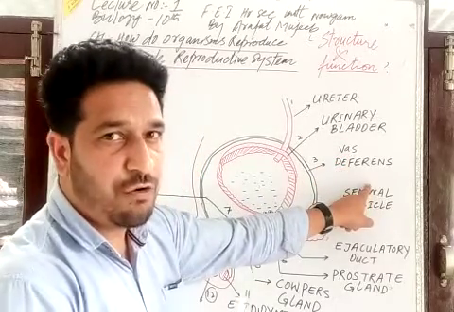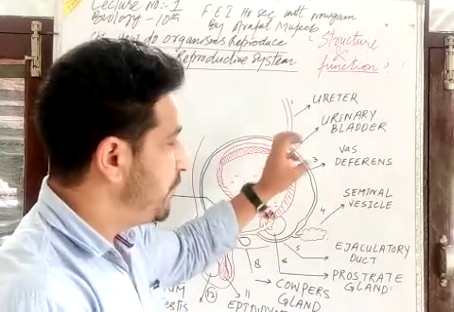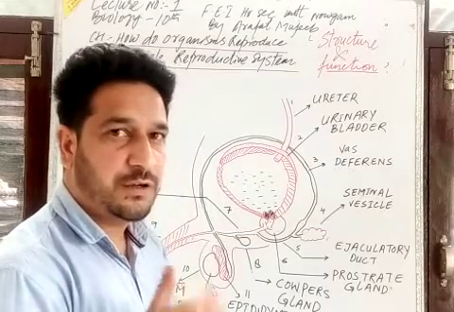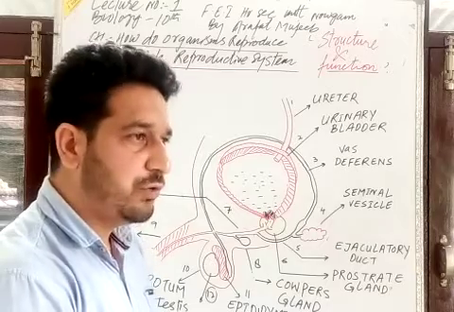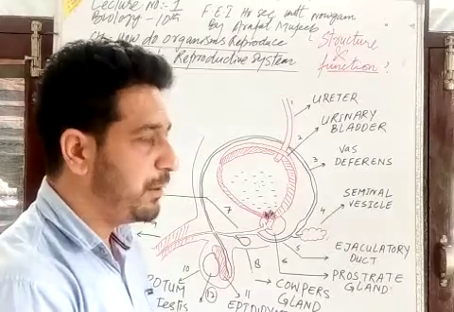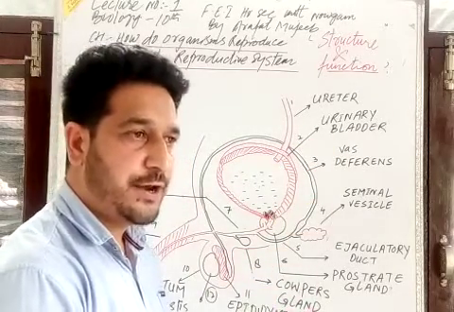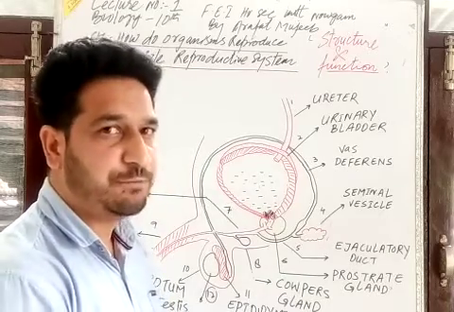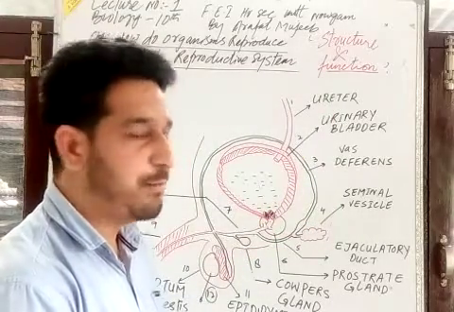The vas deferens is a long travelling duct which plays an important role in transporting sperm when ejaculation is about to occur. Sometimes sperm are present in the vas deferens, and it is capable of reabsorption of sperm. Sometimes transportation of sperm takes place. Later on we will discuss its function as well.